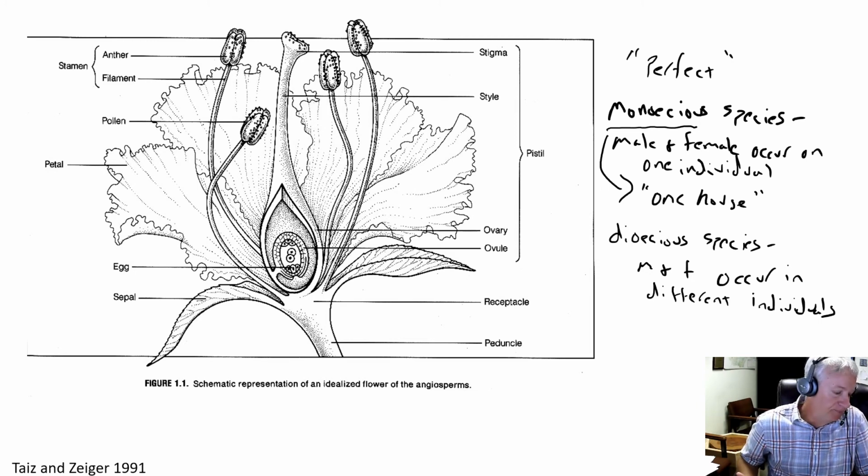So especially, for instance, in the willow family, Salicaceae, a number of species in Salicaceae, the willows and the cottonwoods, tend to be dioecious. Holly is dioecious.